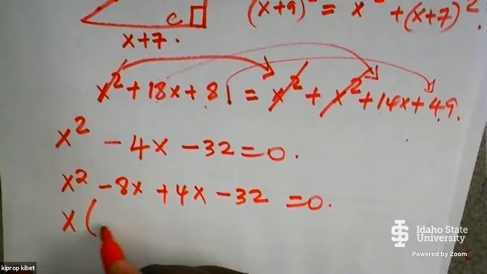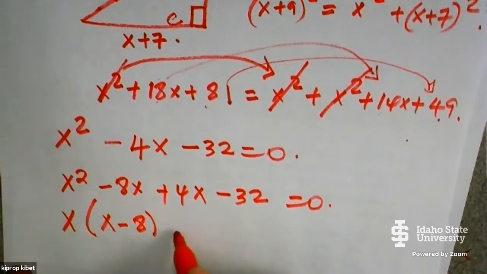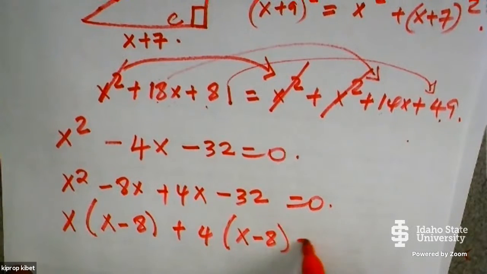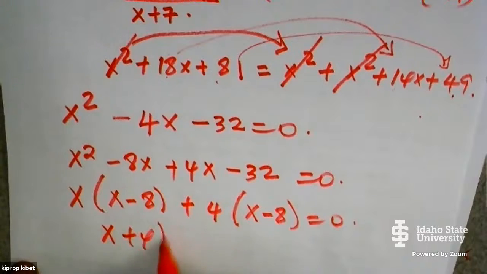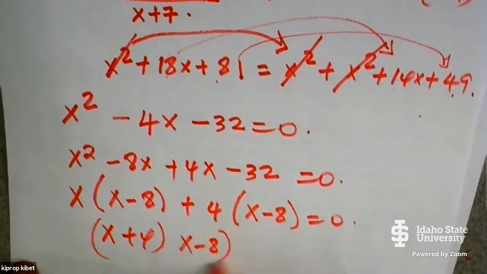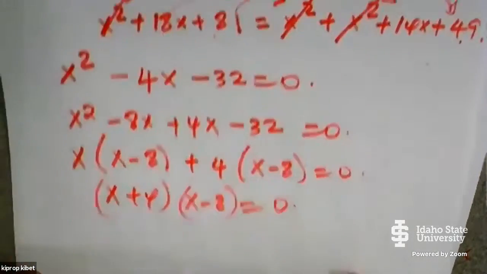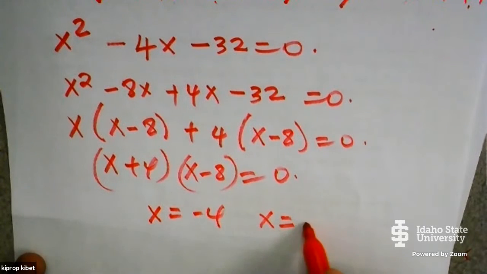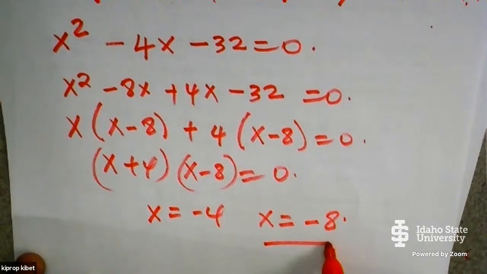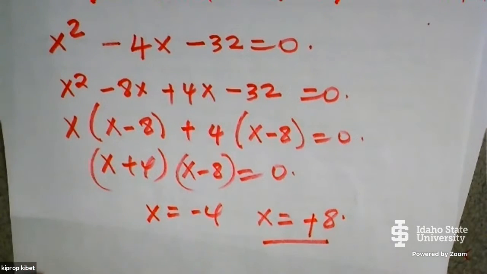So x minus 8 plus 4 x minus 8 equals 0. So x plus 4 times x minus 8 equals 0. So x equals minus 4 and x equals 8.